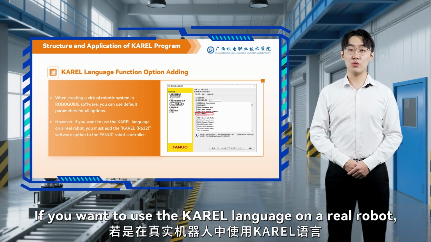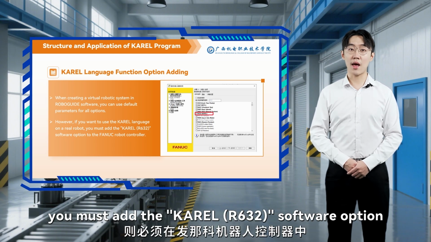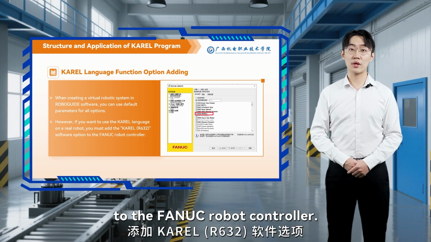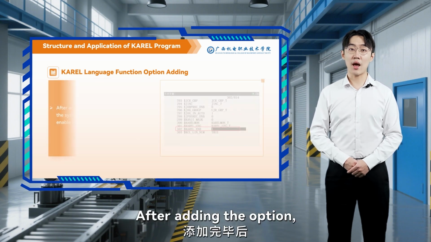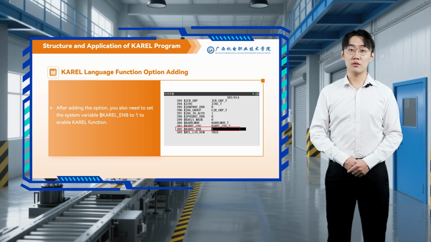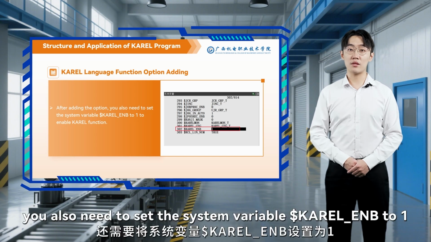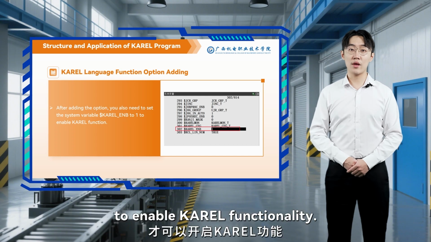If you want to use the KAREL language on a real robot, you must add the KAREL R632 software option to the FANUC robot controller. After adding the option, you also need to set the system variable KAREL_ENB to 1 to enable KAREL functionality.